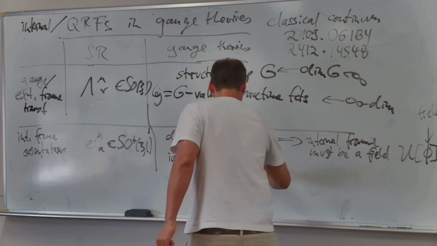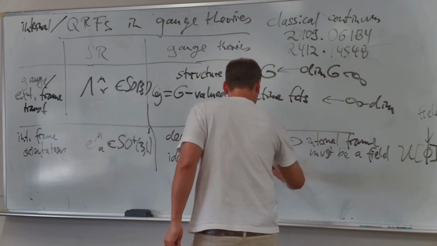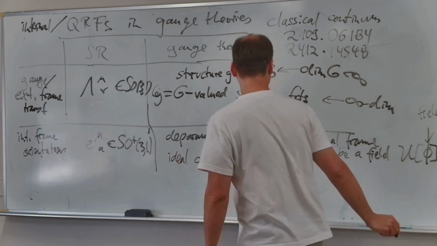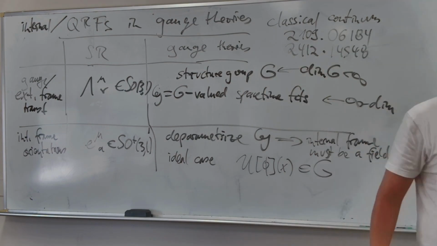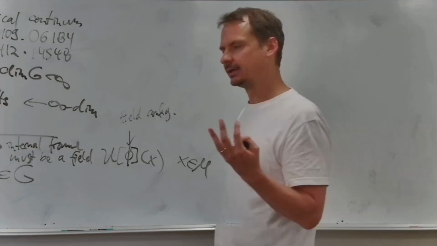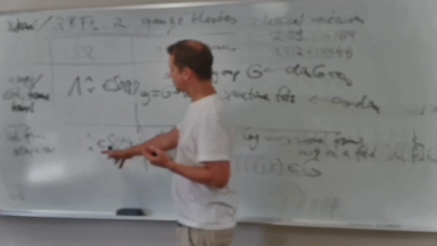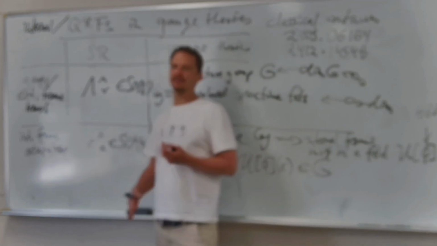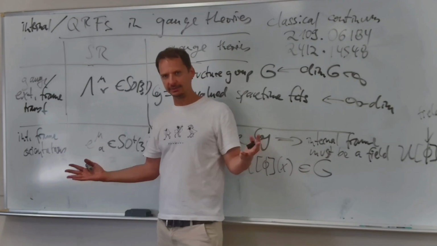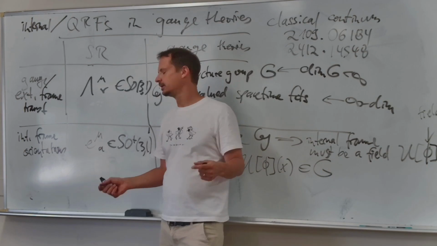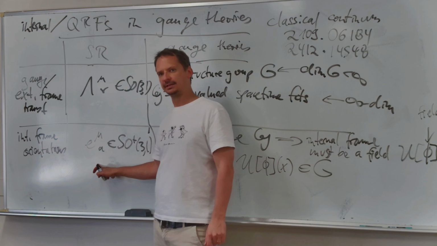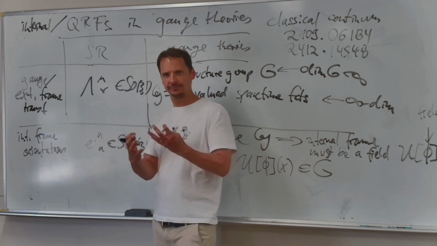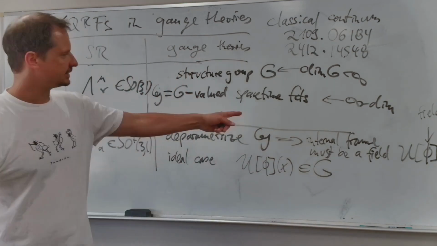Just that these U phi x take value in the structure group itself. So remember, we want to have configurations of the reference frame that are labeled by the group elements that we want to deparameterize. In the case of the tetrads, the configuration itself is a group element. So we're going to do the same thing here now.